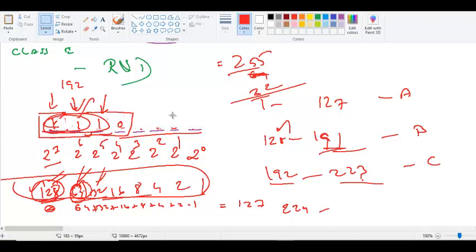What do you get? Is it 236 or 239? 239. This is what is called the class D range or multicast range.